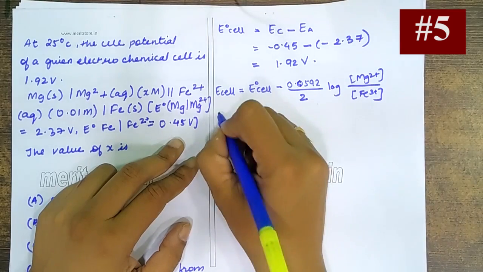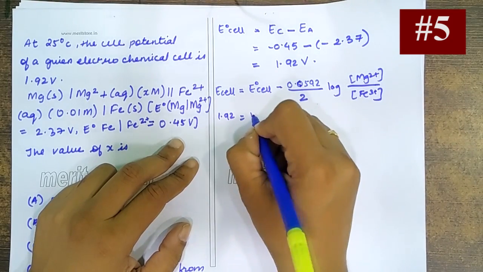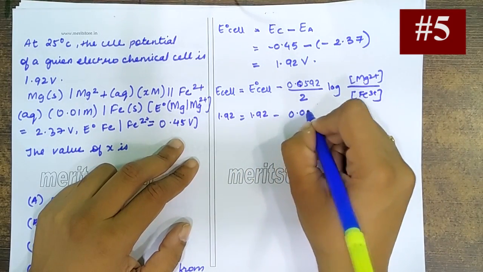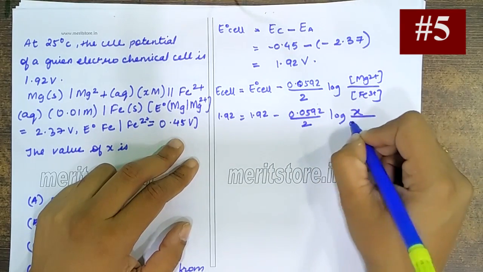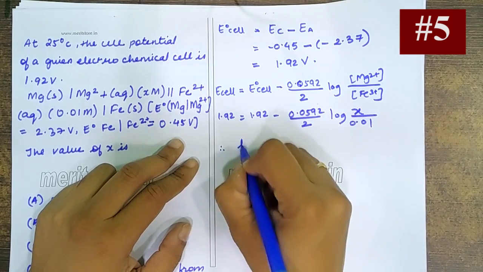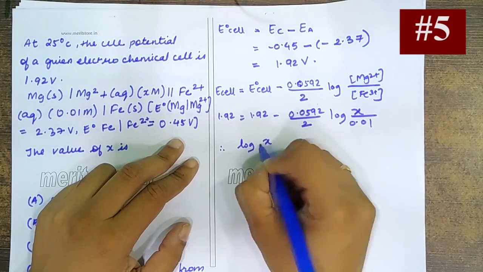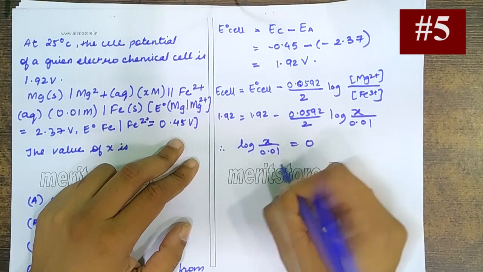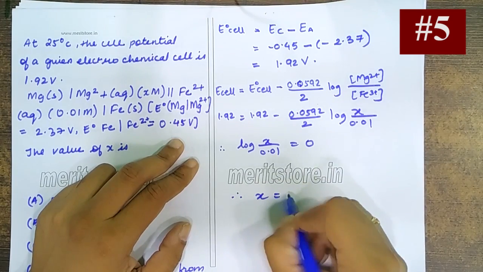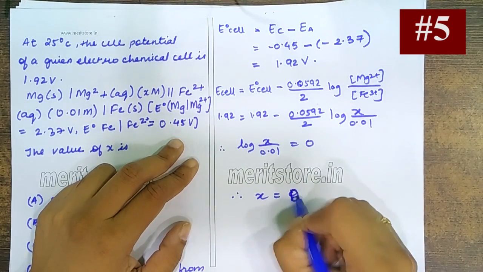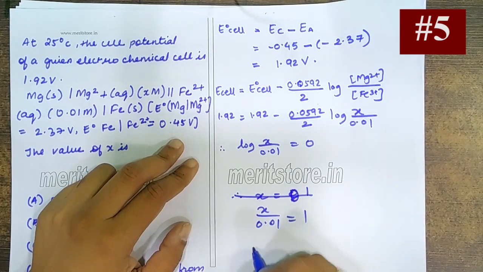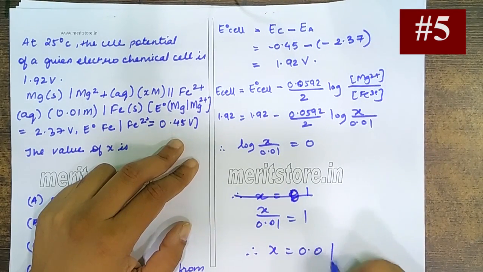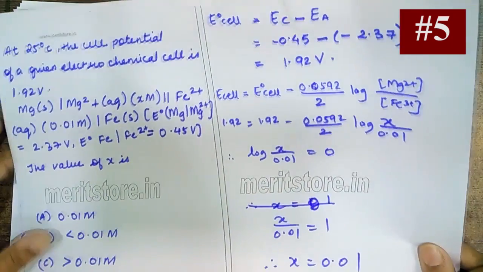So 1.92 is equal to 1.92 minus 0.0592 upon 2 log of x upon 0.01. So in short, log of x upon 0.01 is equal to 0. So x upon 0.01 is equal to 1. Therefore x is equal to 0.01. So our answer is option E.